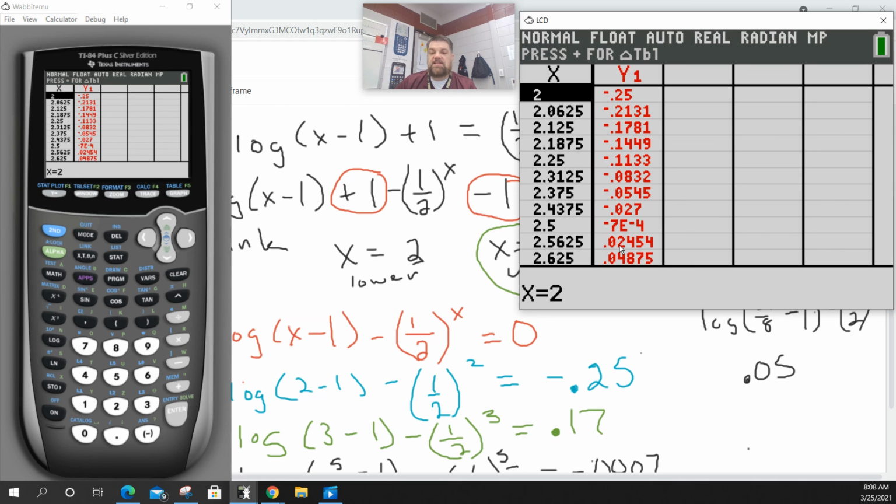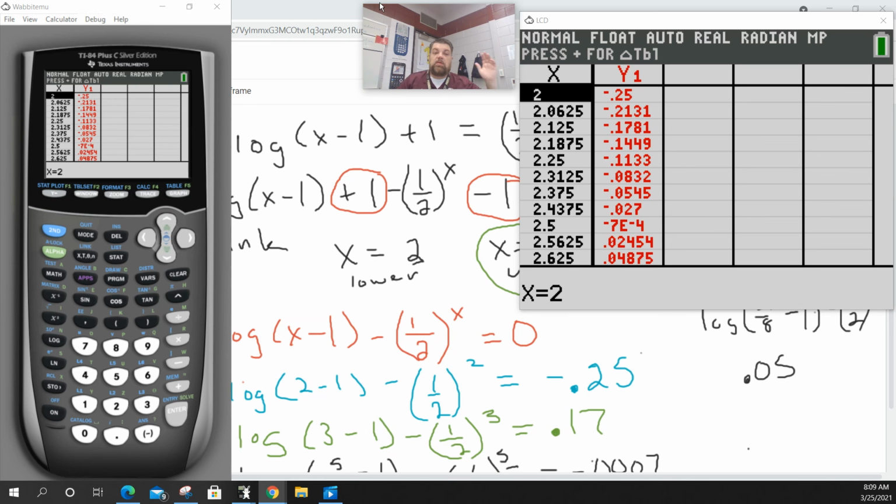Now we can stop there, but the answer is approximately 41 over 16, because we're only doing 3 iterations. The calculator repeats this process, but really what we're doing is we have an upper and lower boundary, and then we're tightening them based on whether it's positive or negative.